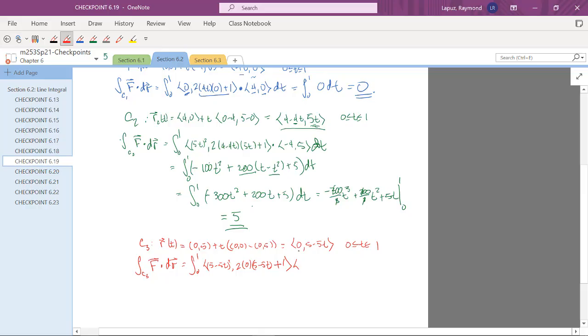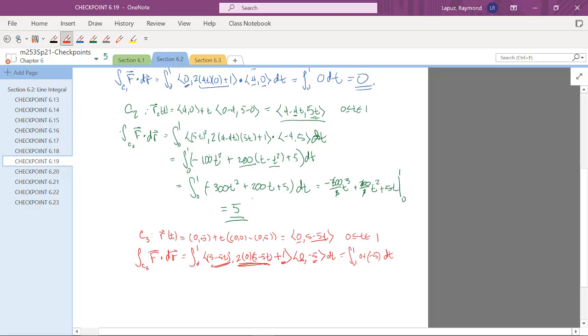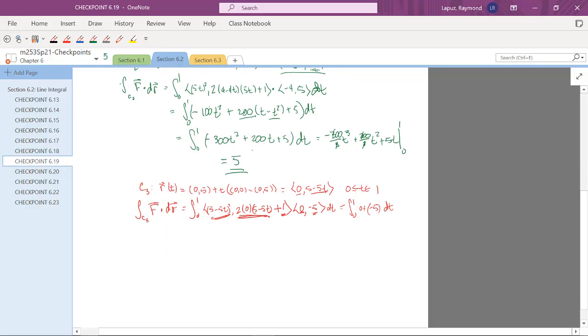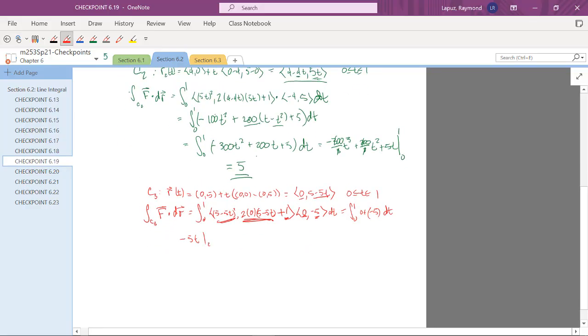And then we're going to dot that with the derivative of your parameterization, which is going to be (0, -5). In the dot product, the first component will be 0, and the second component is 1 times negative 5. So we multiply that by negative 5 and do a dt. Then we integrate that. That's going to be negative 5t from 0 to 1, which is going to give us negative 5.